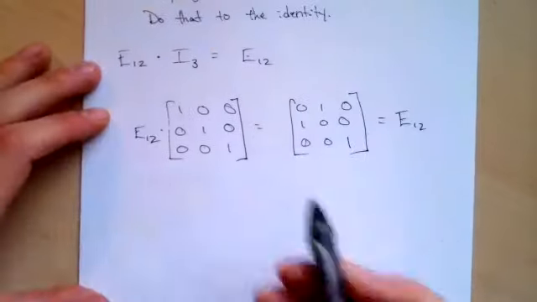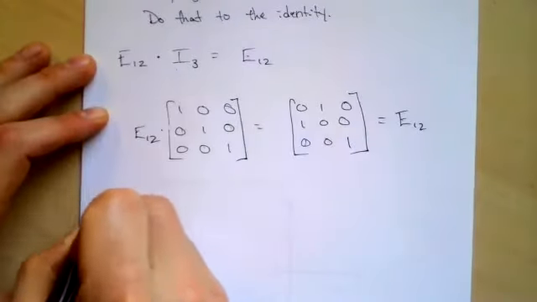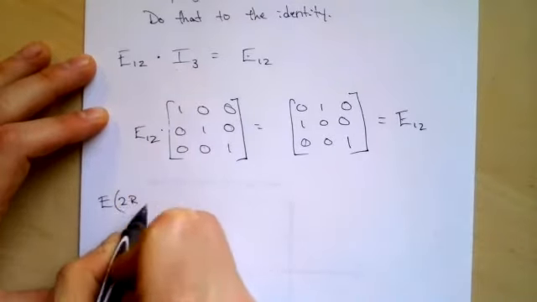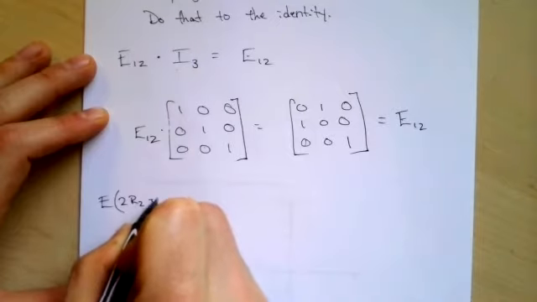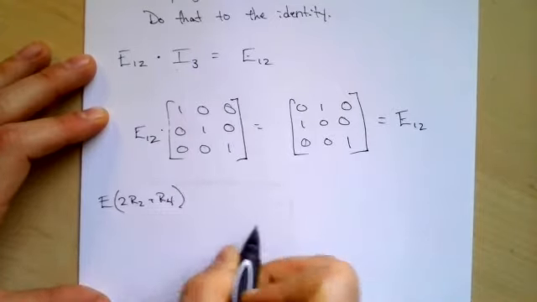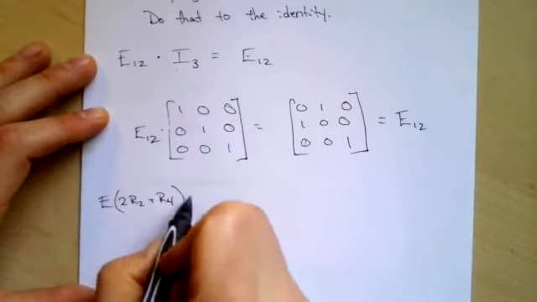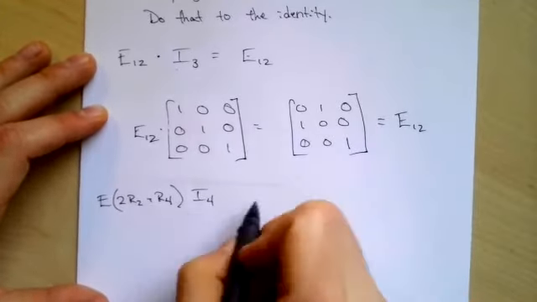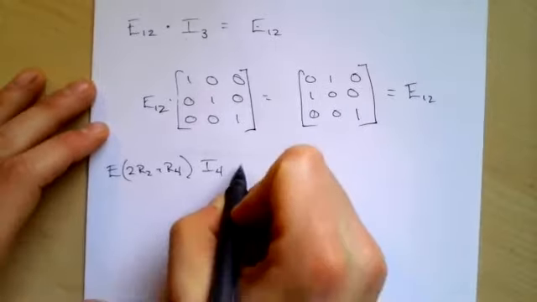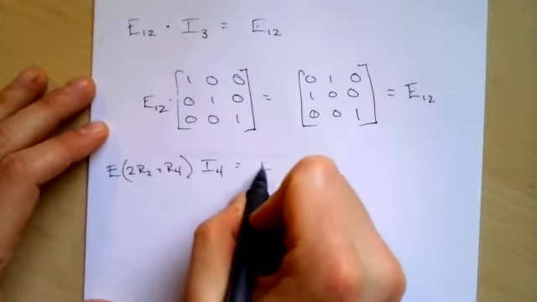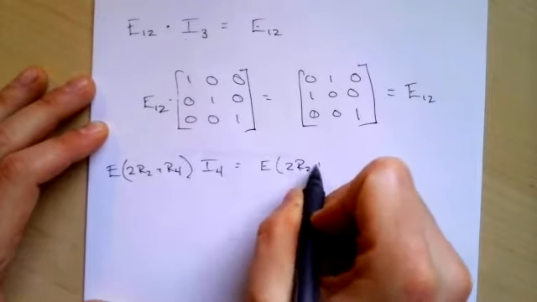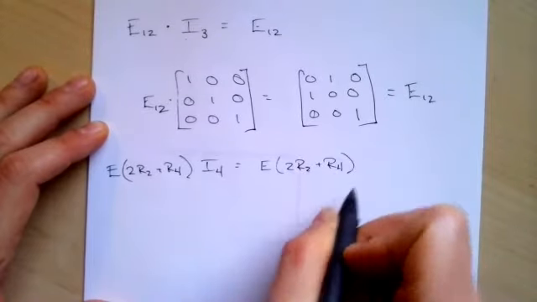Let's do another one. So let's say we are going to do 2 times row 2 plus row 4. And let's say we are acting on the identity in degree 4, so the 4 by 4 matrix. Of course, it's going to give us back that exact matrix we want to deduce.